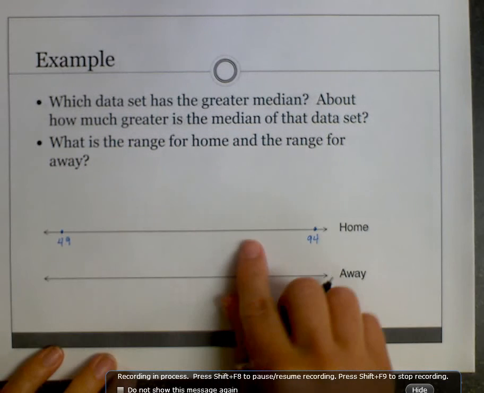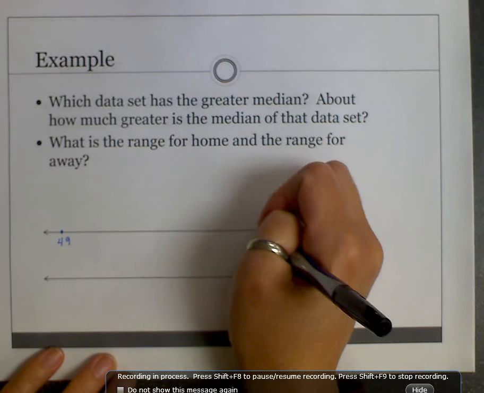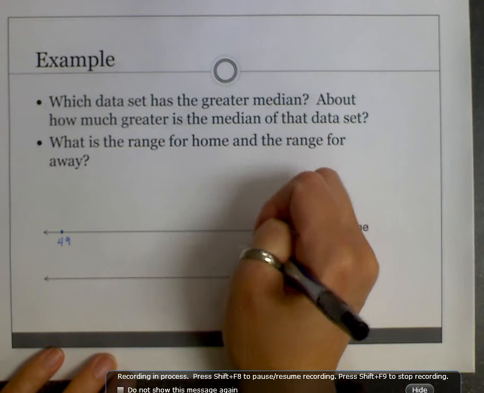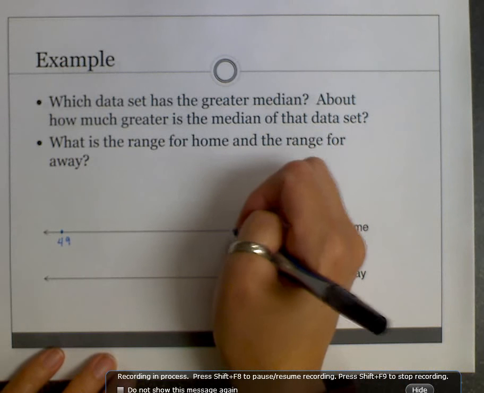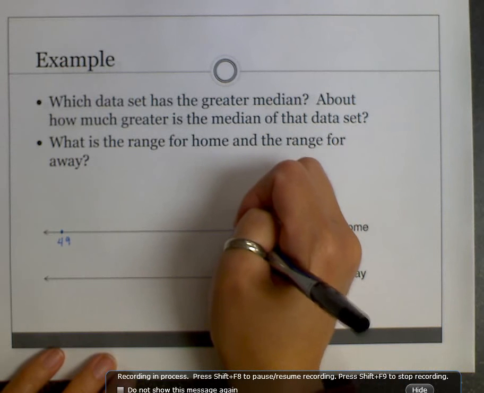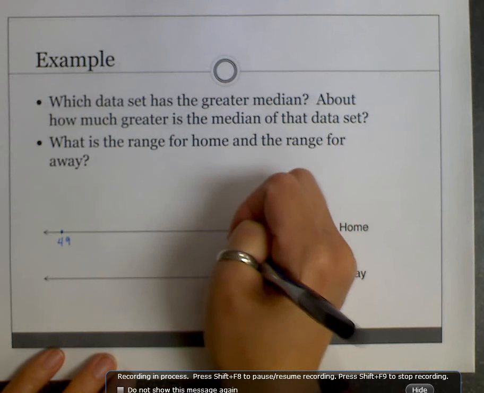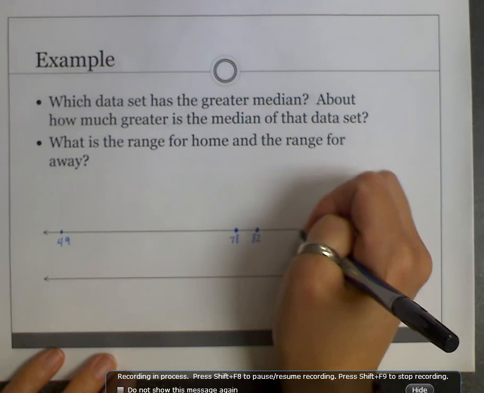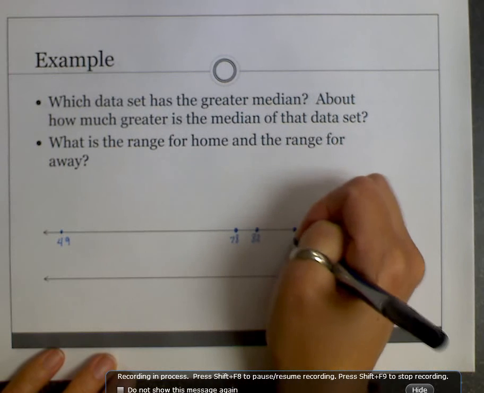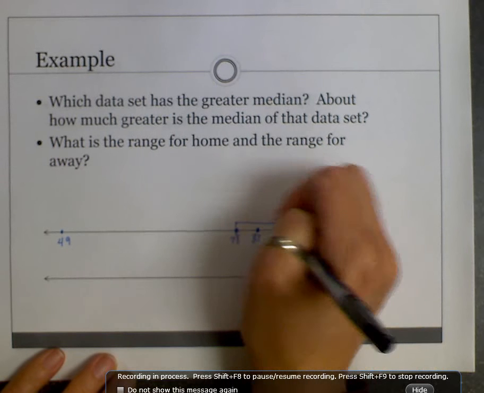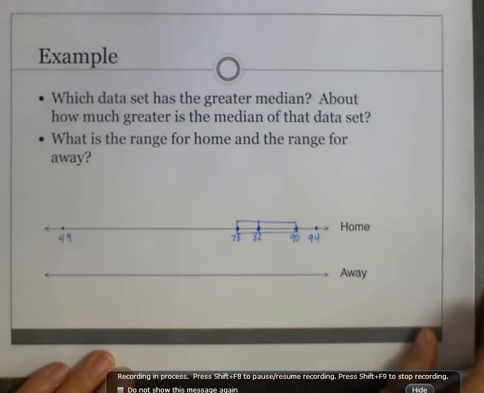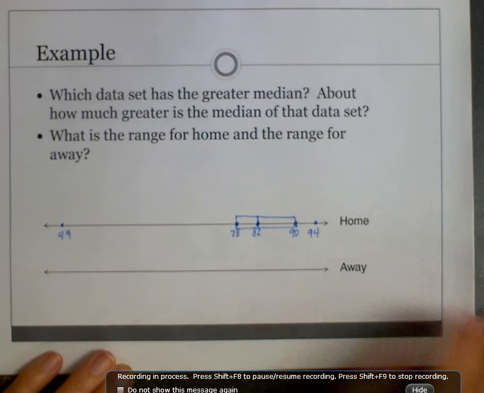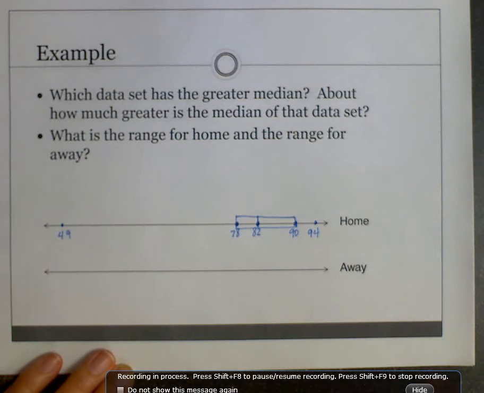It's very close to 94, so I'm going to put my median kind of squeezed over here at an 82. And then my lower quartile is a 78, so pretty close to 82. And my upper quartile is a 90, so a little bit shifted this way. I make a box from quartile to quartile, and I put a line right through my center, which is my median. And then I go on to the second graph.